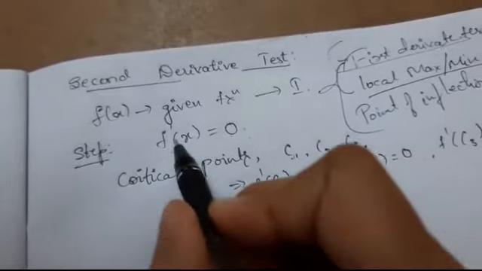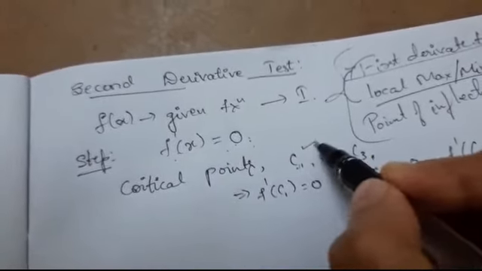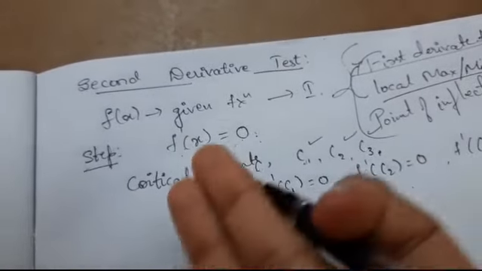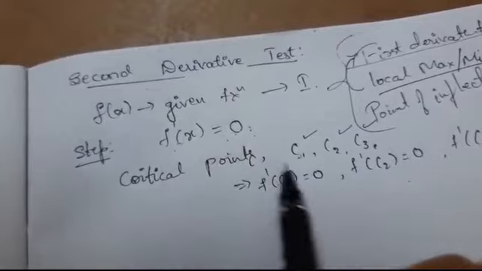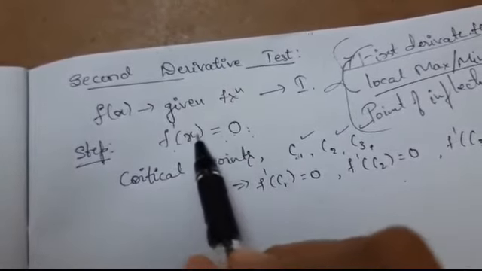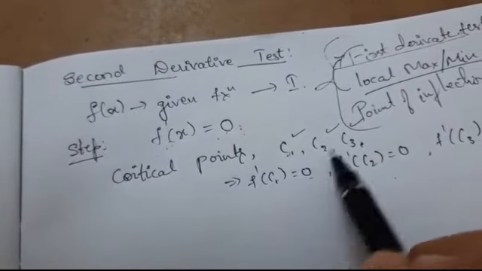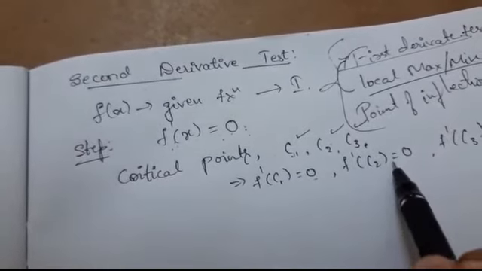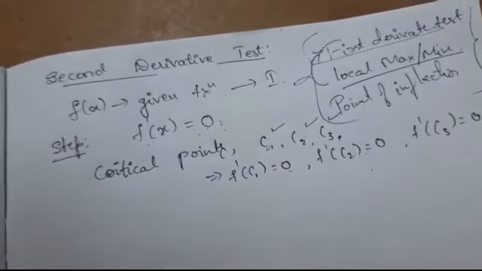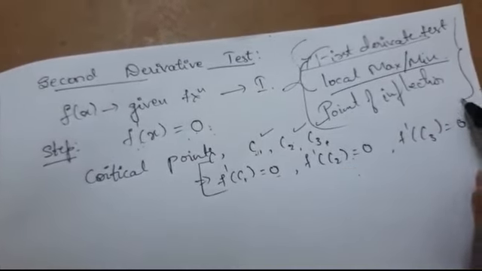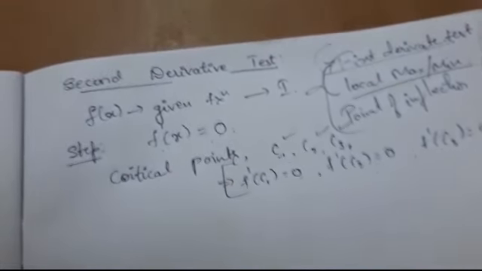That is, when you equate f dash of x to 0, you get these 3 points as critical points. So if you input x equal to C1 in the f dash of x equation, you get the value 0. If you input C2, you get 0. Input C3, you get 0. This idea you should keep in mind, so I just explained that.